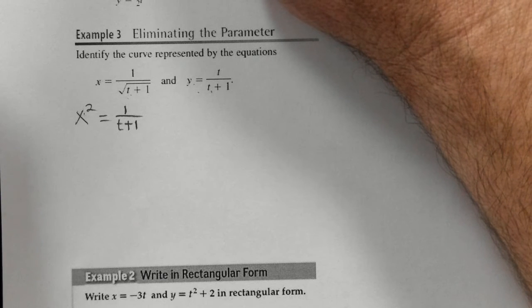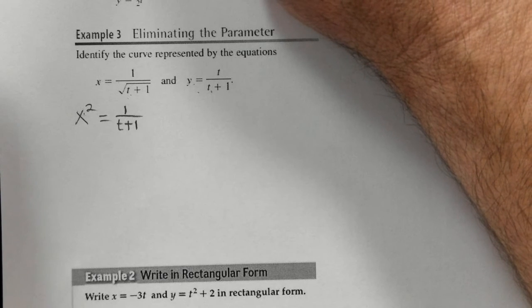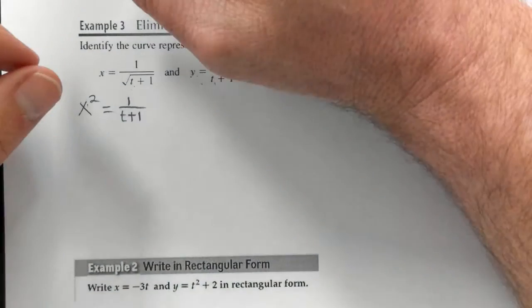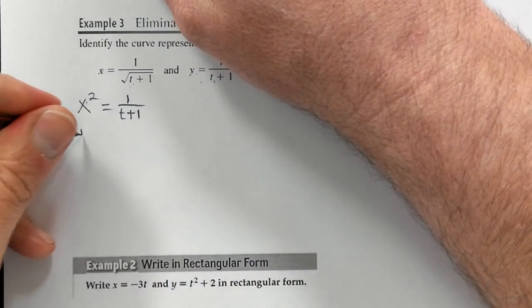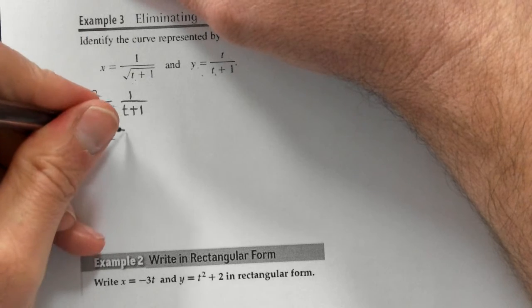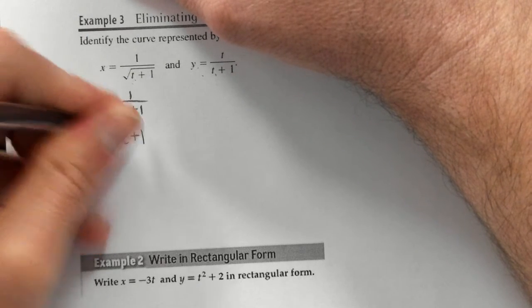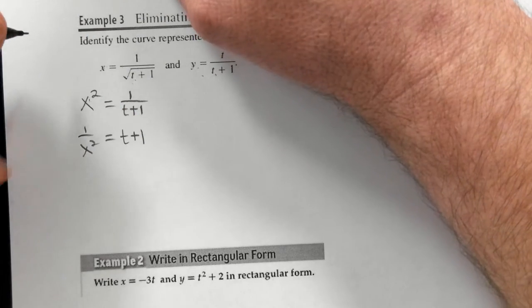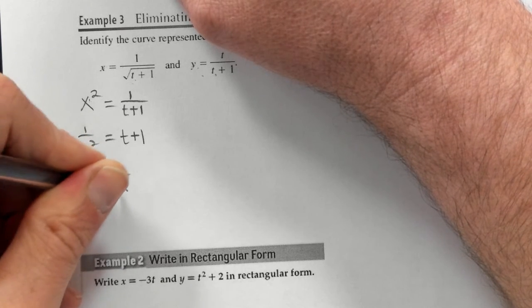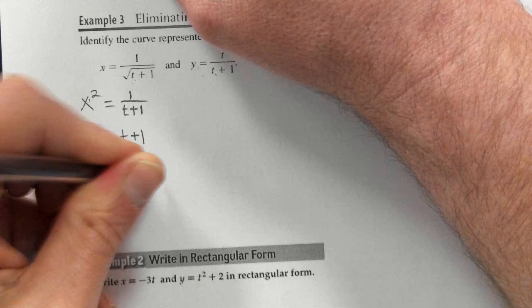And then from here, we can just take the reciprocal of both sides. So that would be 1 over x squared is equal to t plus 1. All right. Then from there, we can go t is equal to 1 over x squared minus 1.